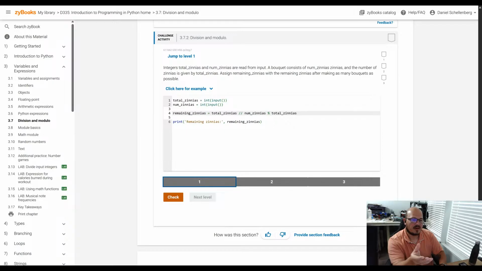And then from there we would do the division on that and then figure out the remainder, right? So let's try that and see if that works.